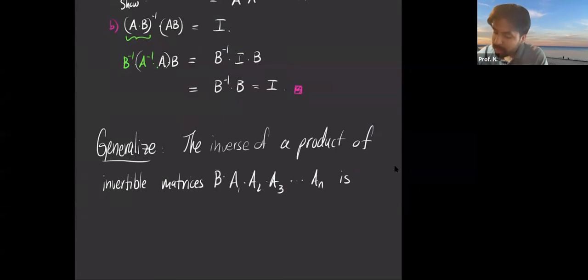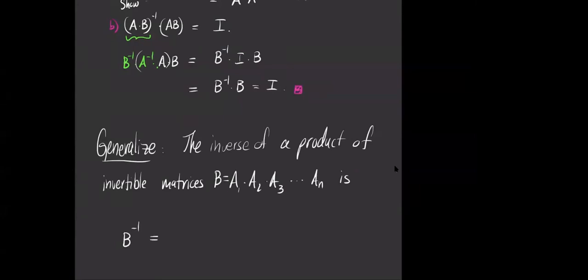If I call this whole thing B, what would be the inverse? B inverse. It would be A n inverse times ... times A2 inverse times A1 inverse.